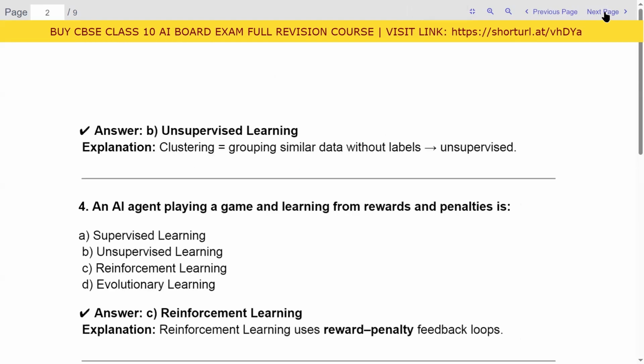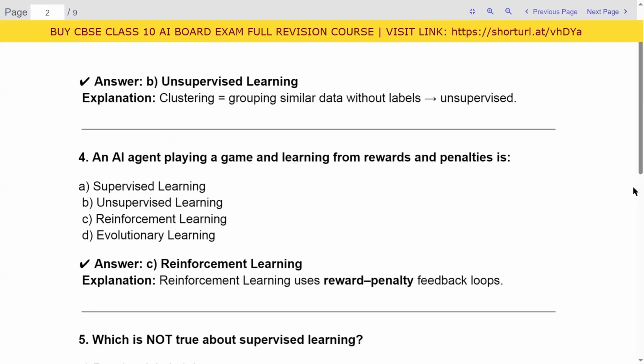So it is obviously unsupervised learning. Clustering is basically grouping similar data without labels, in unsupervised learning. An AI agent playing a game and learning from rewards and penalties is a very common one, which is reinforcement learning, in which this reward and penalty feedback is what it works on.